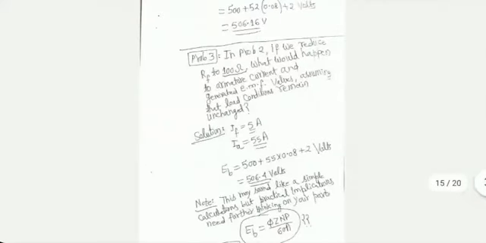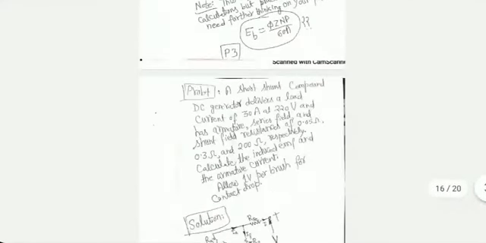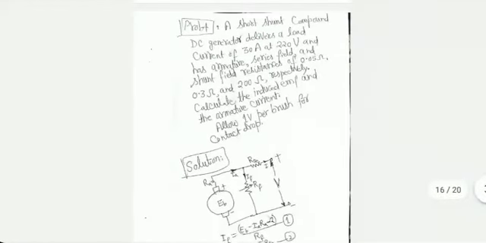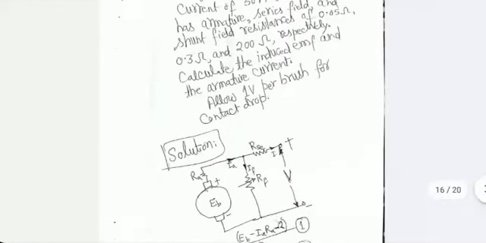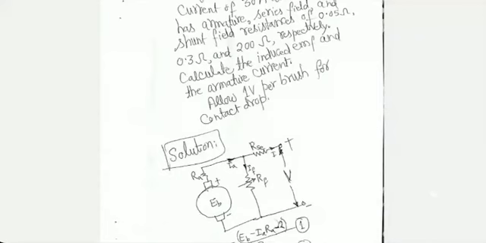Now, short shunt compound DC generator, there is a problem here. But before that, let me show you how the circuit looks. Here, the parallel path comes first and series resistance comes in later. Equations become slightly more involved. First of all, read the problem.